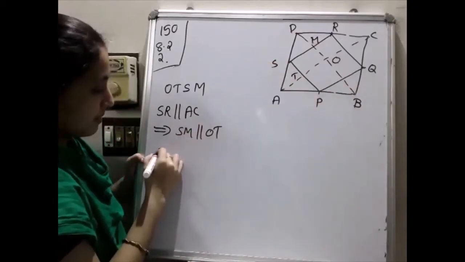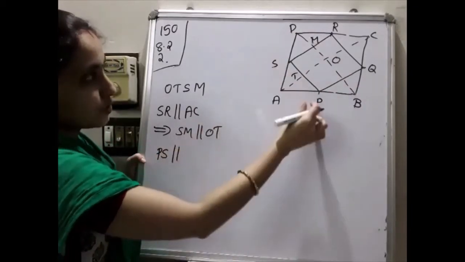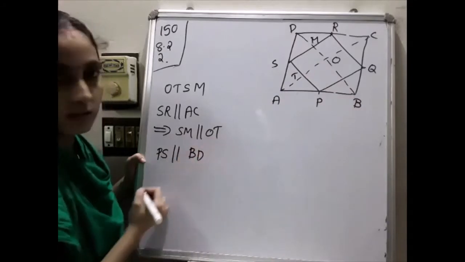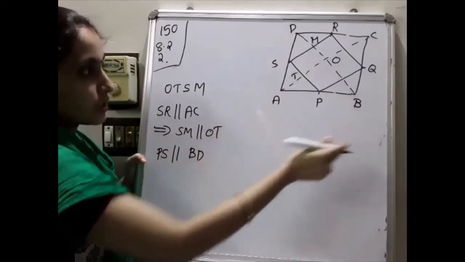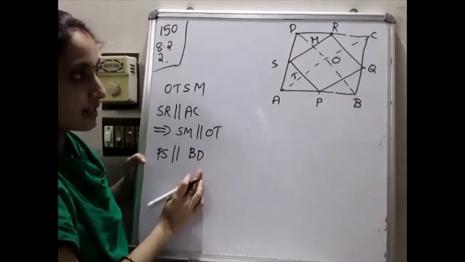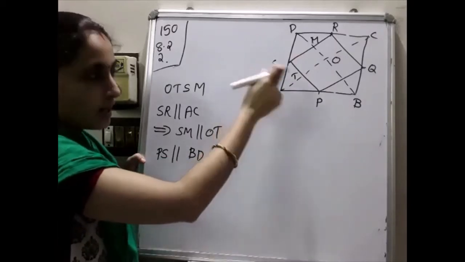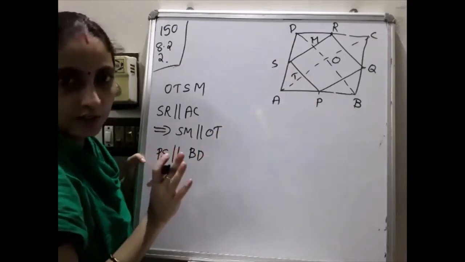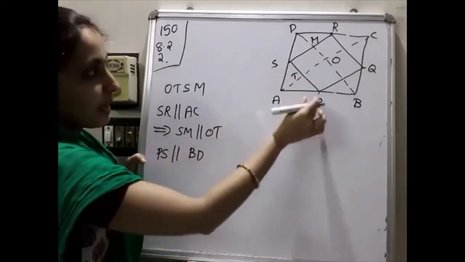PS is parallel to BD. How can we say that it's parallel? Because S is the midpoint, P is the midpoint. So SP is parallel to BD and half of it. So PS is parallel to BD.